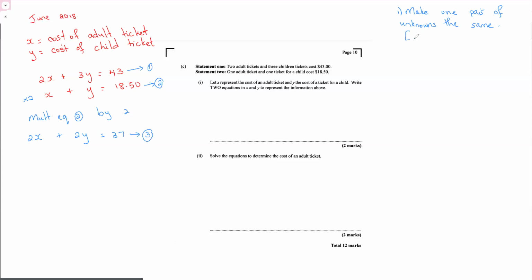Right, so you make one pair the same if they are not already the same. Right, so these notes would have been given in the last class, so you don't have to write it again. So if they aren't already the same, we make it the same.